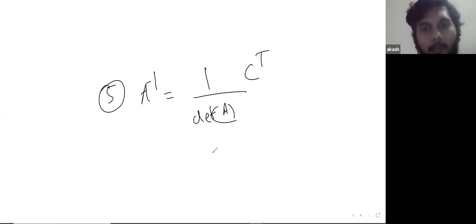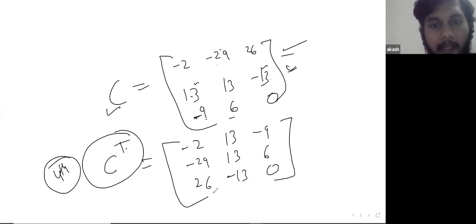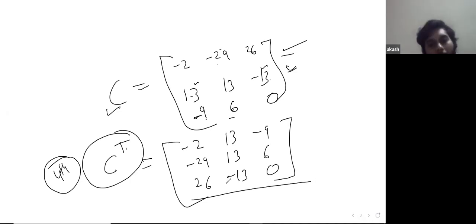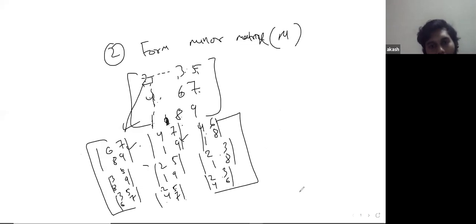Okay, let me solve this also. Putting this in the formula. First calculate the determinant of that matrix and tell me what we have. Divide this number by the determinant and you will have the answer. Right? Determinant of the given question.